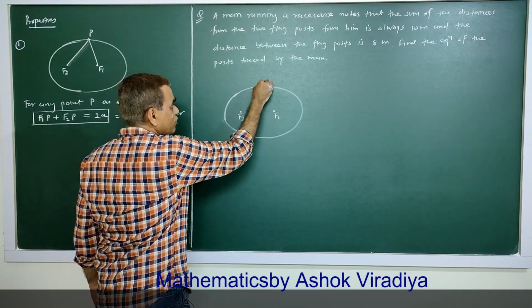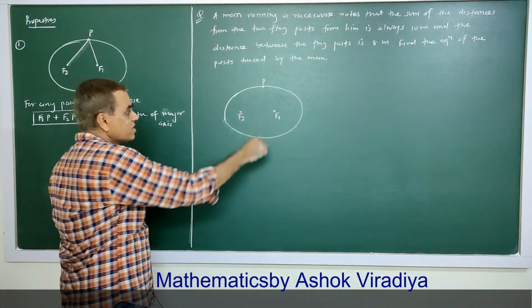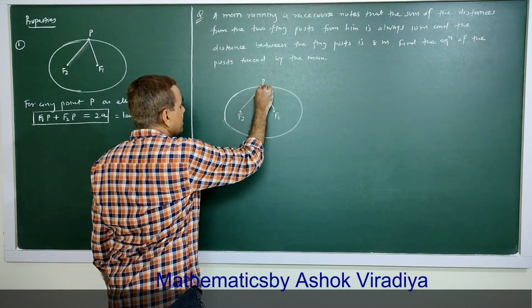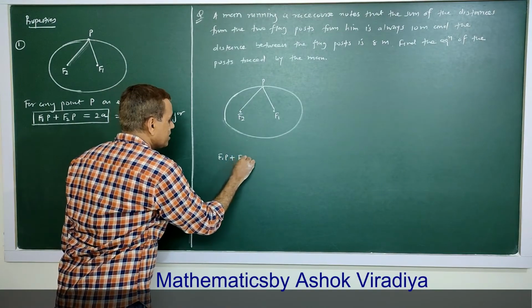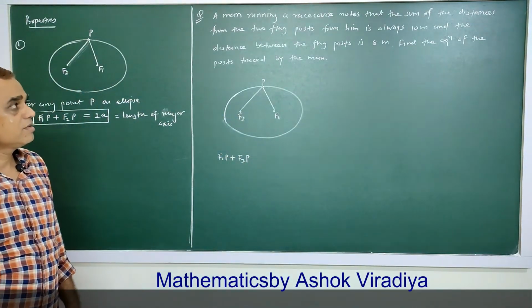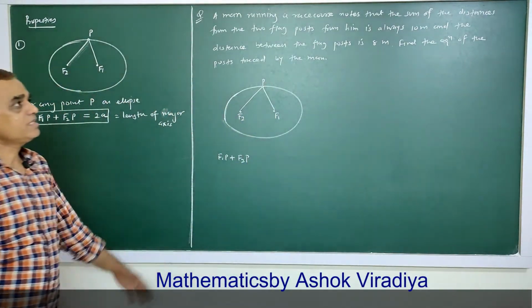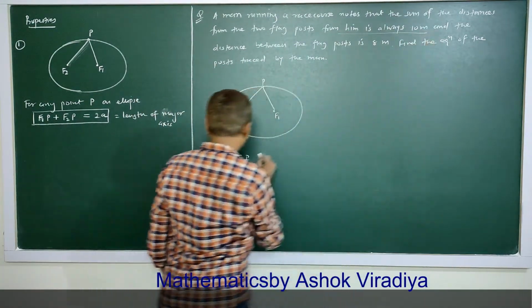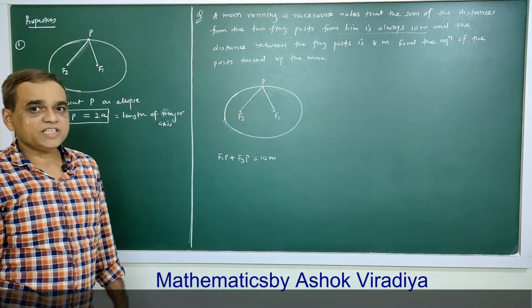This is the location of the man, P. The sum of distances F1P plus F2P is constant. It is 10 meters. It is given.